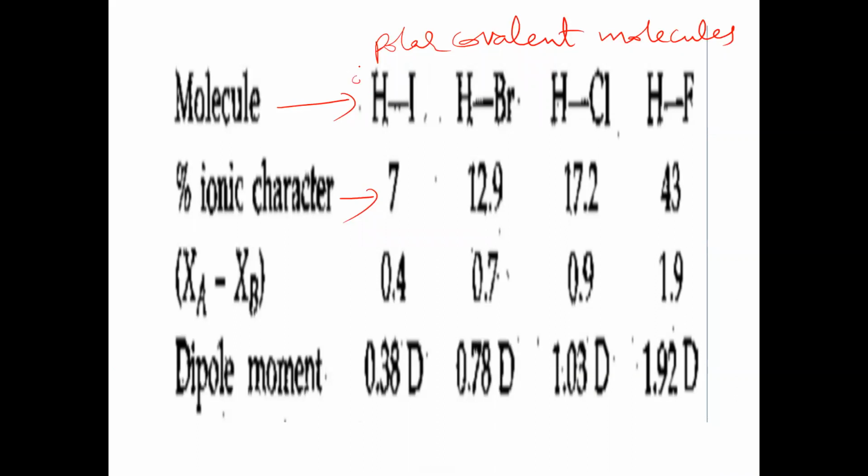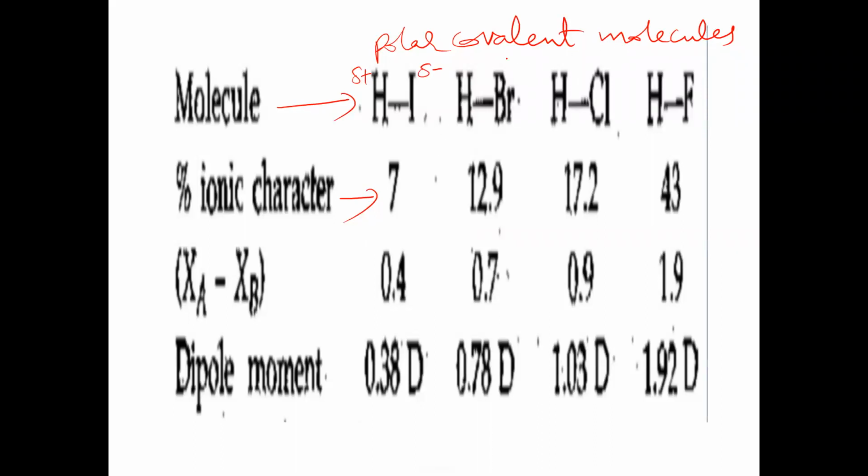Here hydrogen has a partial positive charge and iodine has a partial negative charge. As a positive pole and a negative pole are present, it is called a polar covalent bond, and this molecule is called a polar covalent molecule. So which polar covalent molecules have we taken? Hydrogen iodide, hydrogen bromide, hydrogen chloride, hydrogen fluoride.